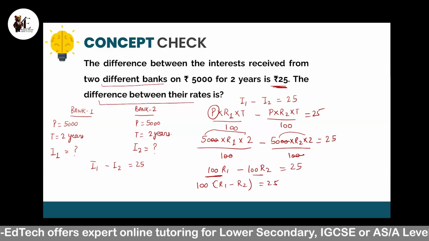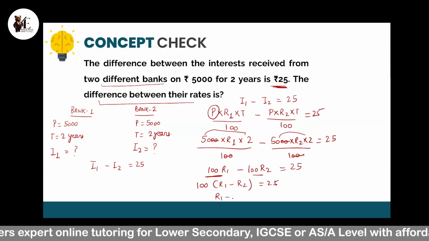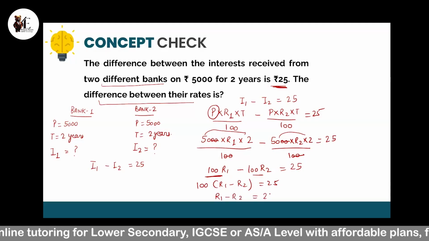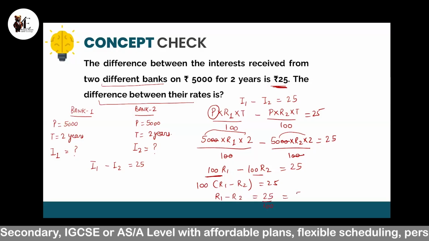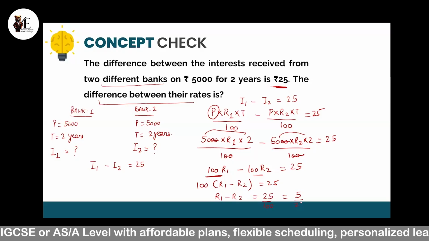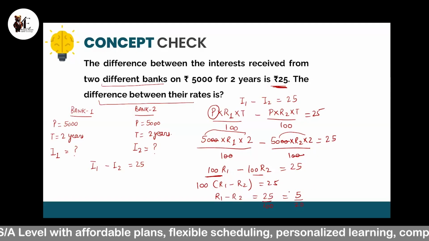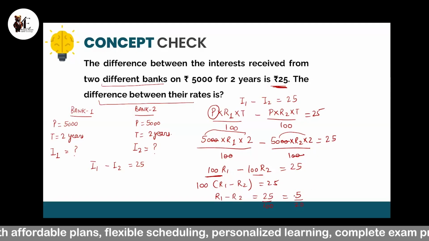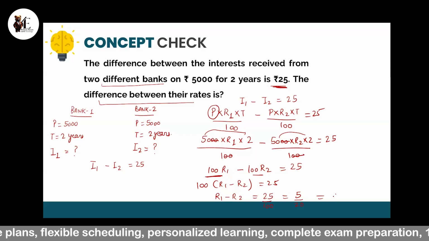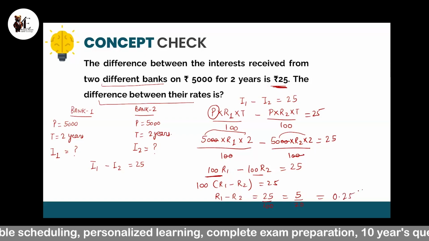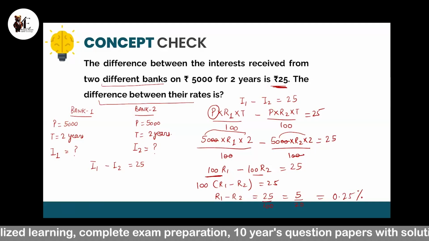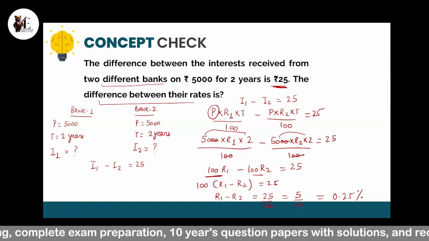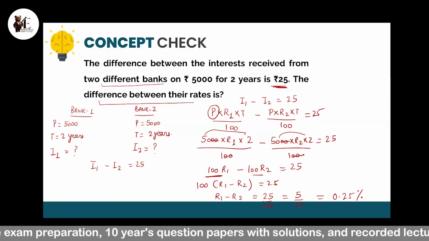If I transpose this 100, this will become 25 over 100, that is 1/4. Or you can directly write it as 0.25 percent. So the difference between the interest rates is 0.25%.